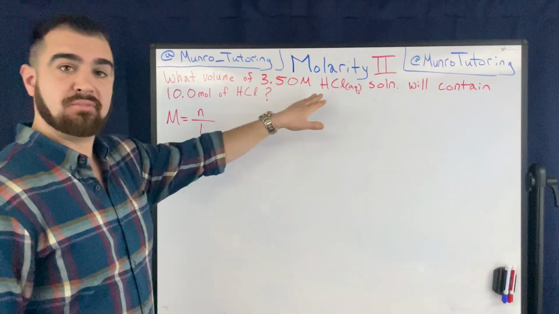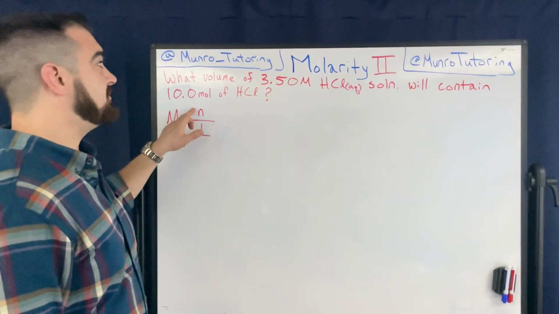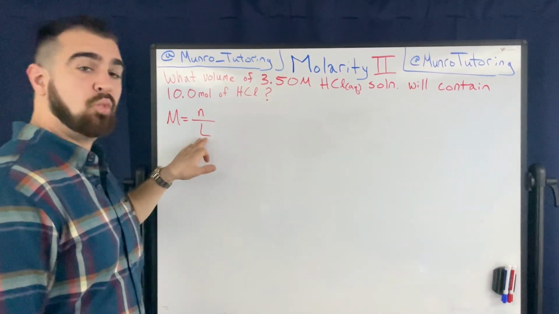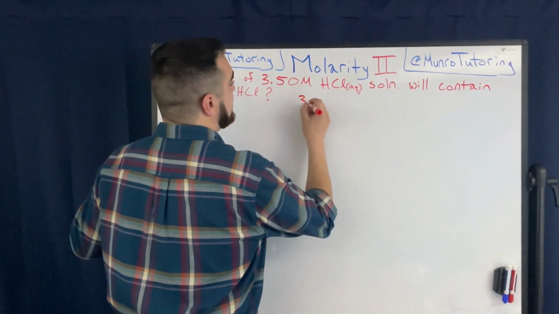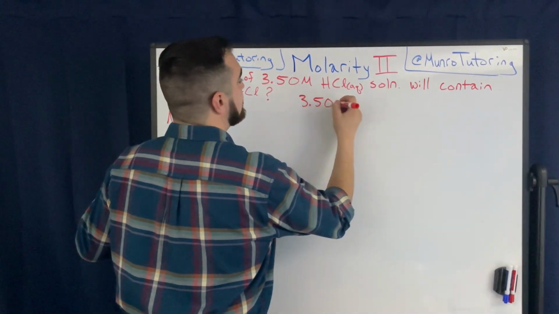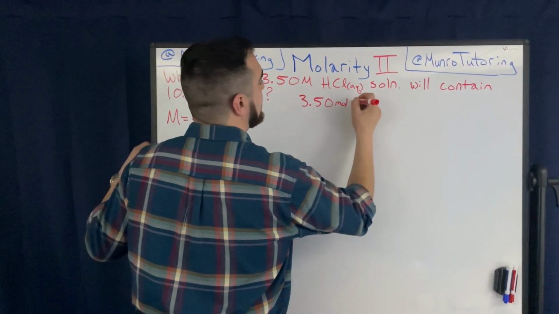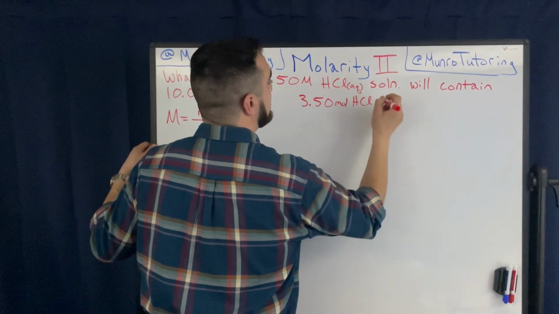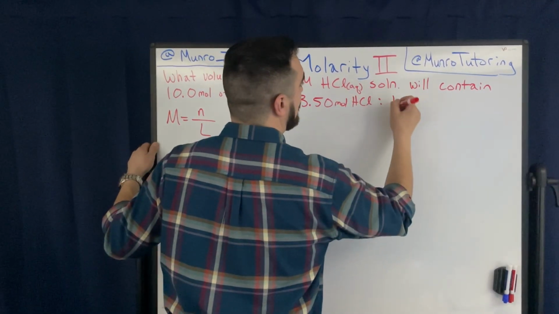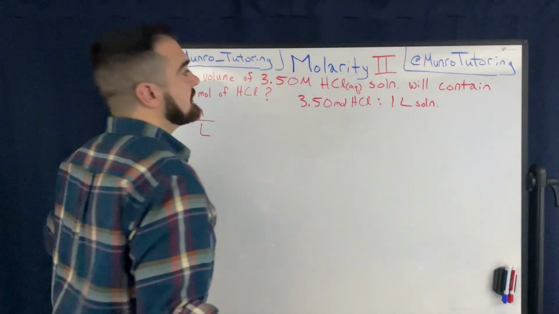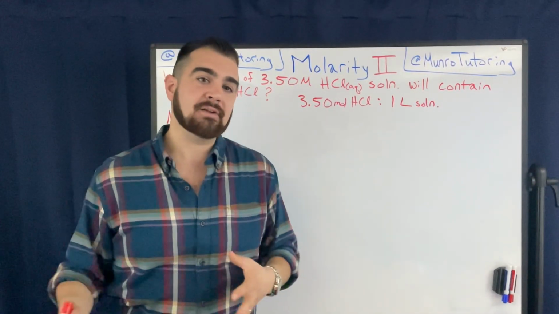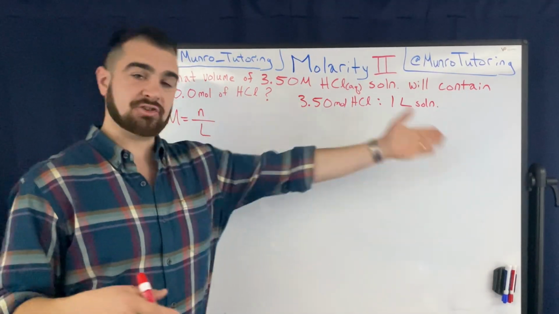If it's 3.5 molar, that means there's 3.5 moles of HCl in 1 liter of solution. So let's just write that. We have 3.50 moles of HCl for every 1 liter of the solution. And now we just took our molarity and rewrote it as a conversion factor.